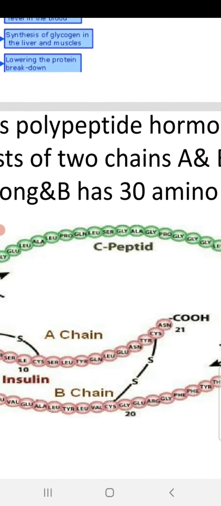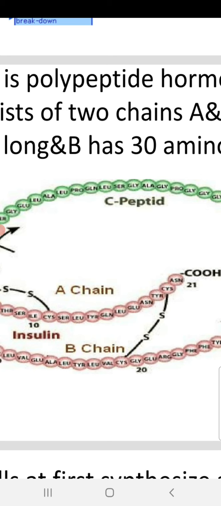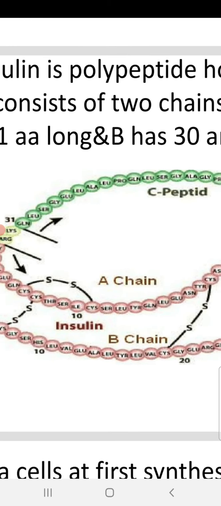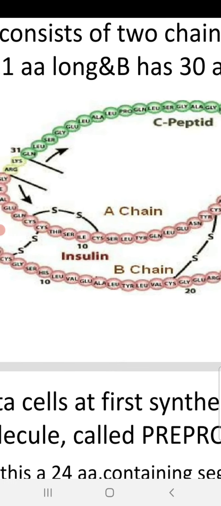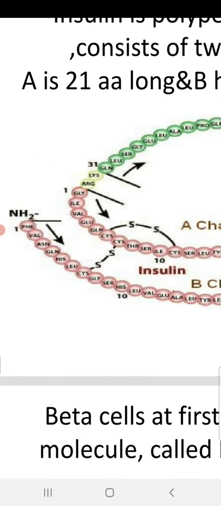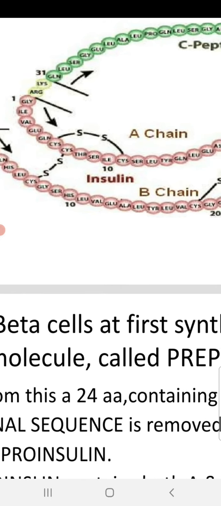You can see in the diagram the 2 chains of insulin, alpha chain and beta chain, or A chain and B chain, and the 2 chains are linked together by disulfide bonds. You can see between the 2 chains a bond between sulfur and sulfur, and on the other side also you can see the bond between the 2 chains with the help of sulfur atoms.